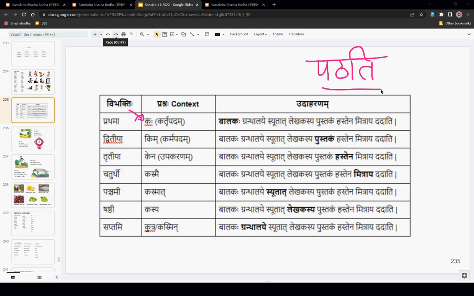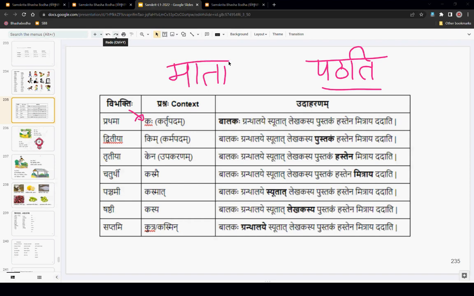Similarly, pathasi means Tvam pathasi. But with pathati, the question comes: kaha pathati? Kaha is the question word. Who is reading? Then we get the answer, let's say, Mata pathati.